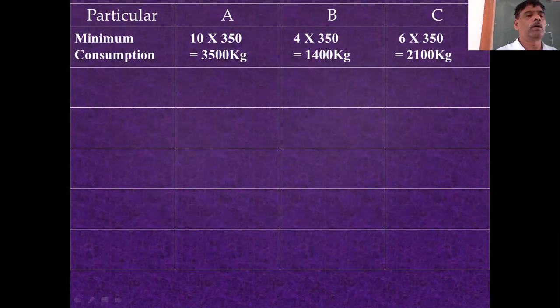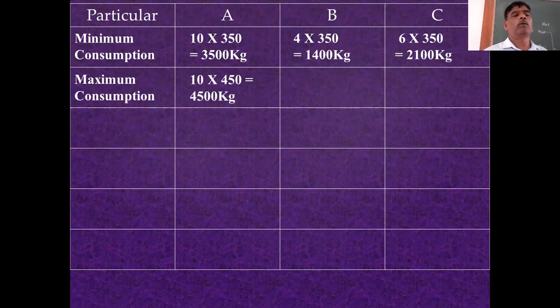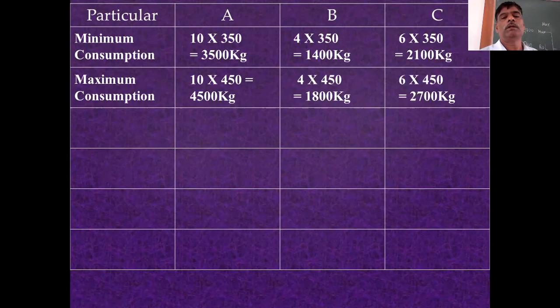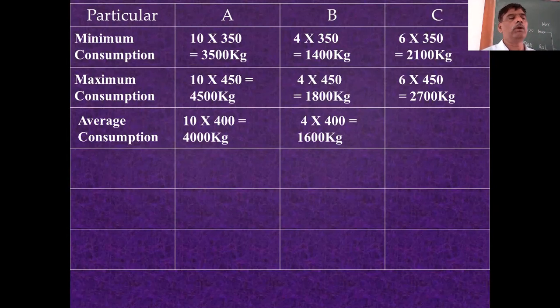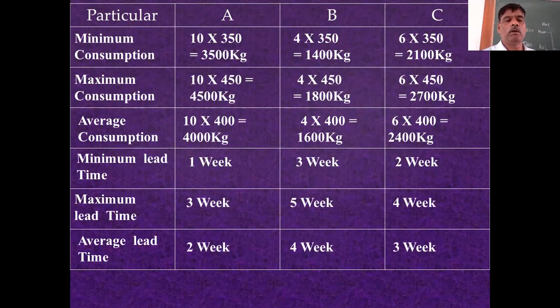Maximum is 10 into 450, 4,500; 4 into 450, 1,800; 6 into 450, 2,700. Right? Then 10 into 400, 4,000 average; 4 into 400, 1,600; 6 into 400, 2,400. And these time periods are given directly. There is no need of explanation, no calculation. Average time, maximum time, minimum time. Okay.